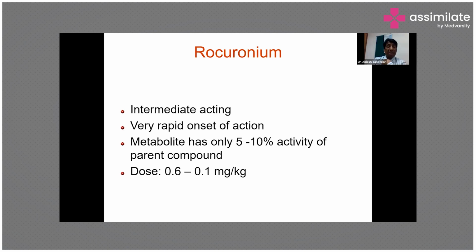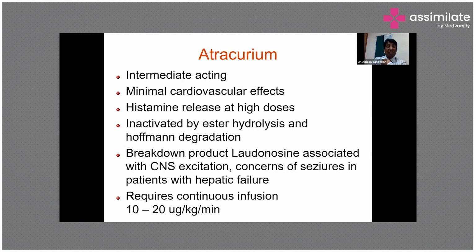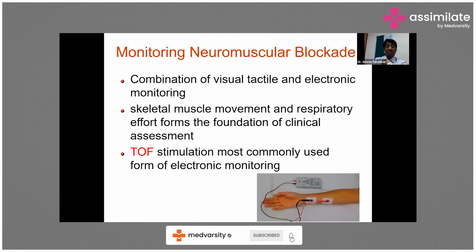Rocuronium is a rapidly acting muscle relaxant, and it has a dose range of 0.6 to 1.0 milligram per kg, but only 5 to 10% of it is metabolized. Atracurium is quite safe, and it can be used in kidney and liver failure also, because it gets metabolized by ester hydrolysis. But the only problem is histamine release, and some patients also can have bronchospasm.